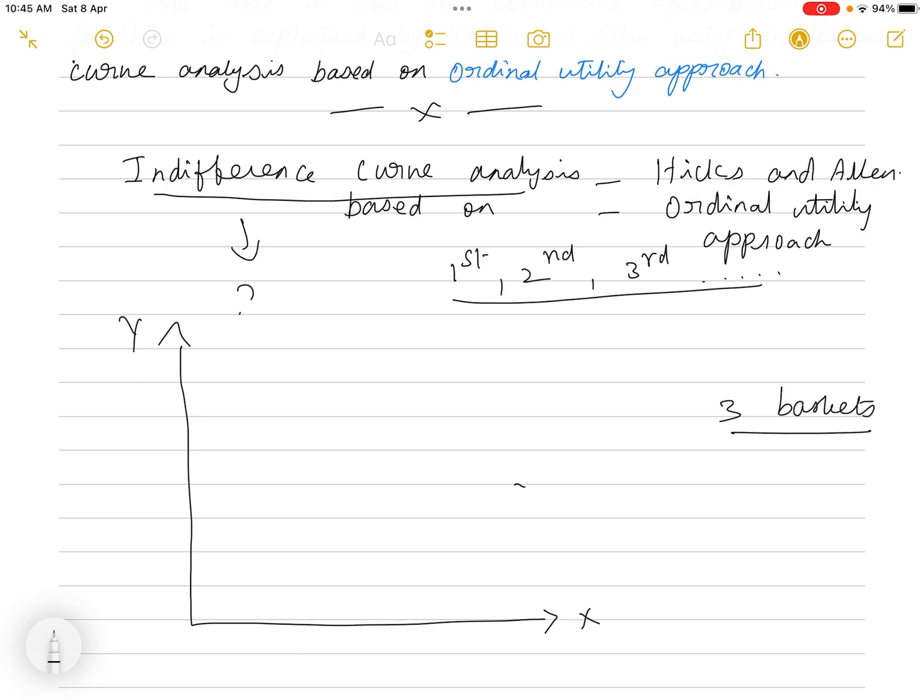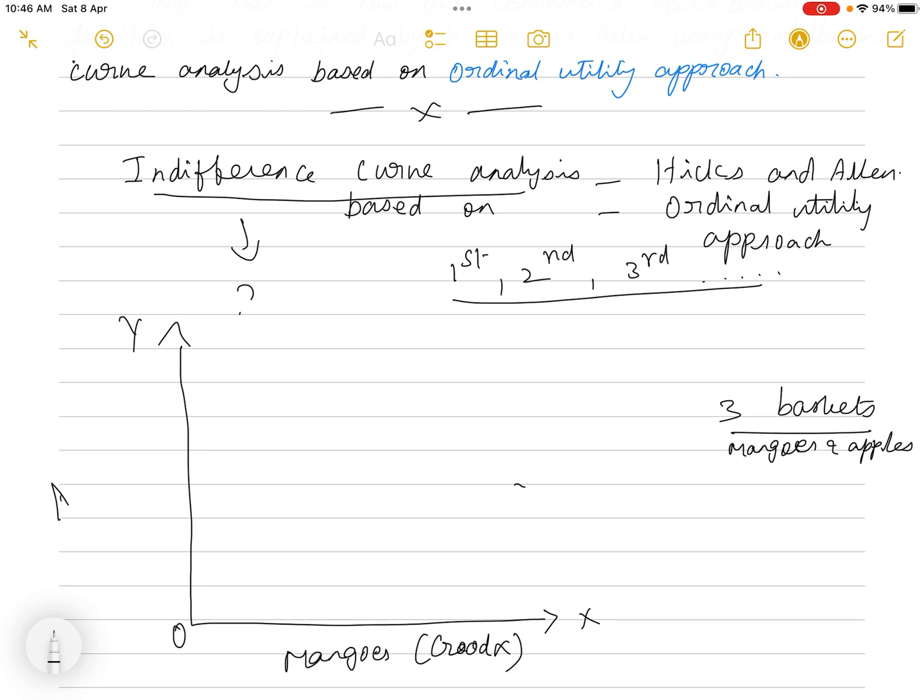Let us assume there are two goods. For the time being, assume the consumer has three baskets, each containing different quantities of mangoes and apples.